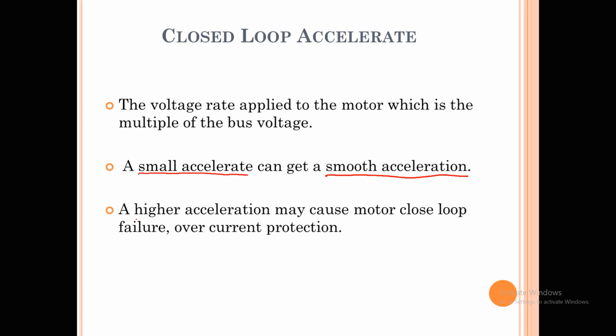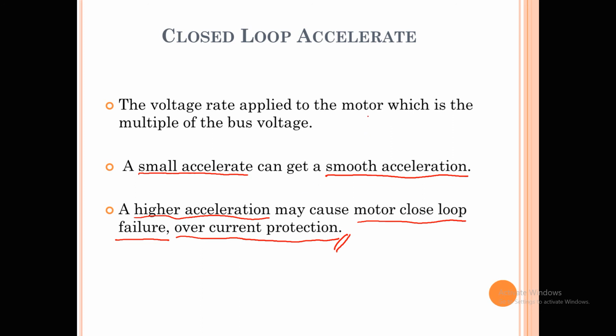If your acceleration is higher, it may cause an open loop acceleration or motor operation failure, and it will trigger the overcurrent protection. So while selecting this value, you have to be very conscious about selecting the right value. Always try to go with the lowest possible RPM acceleration for closed loop.